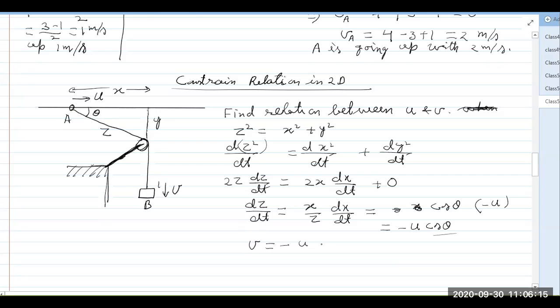If you relate magnitudes, because the minus or plus is just indicative of increasing or decreasing, v will be u cos theta.